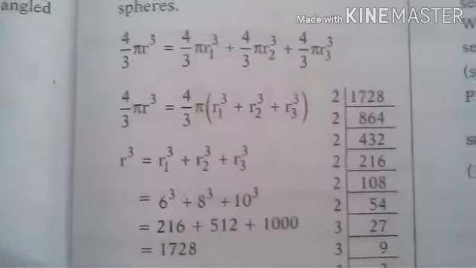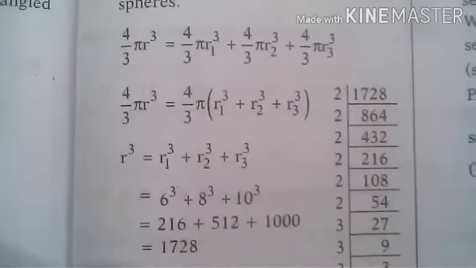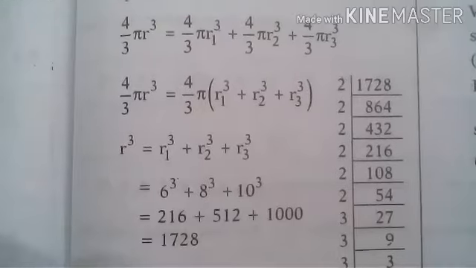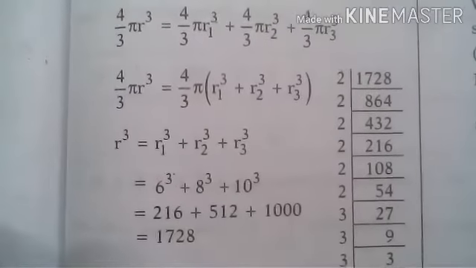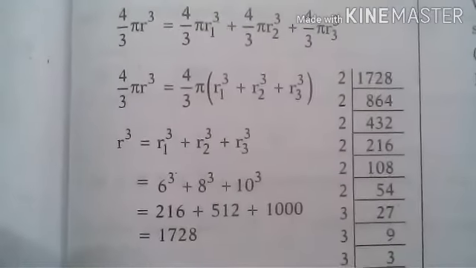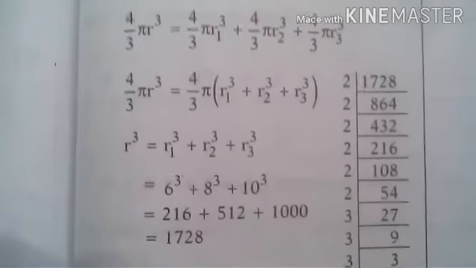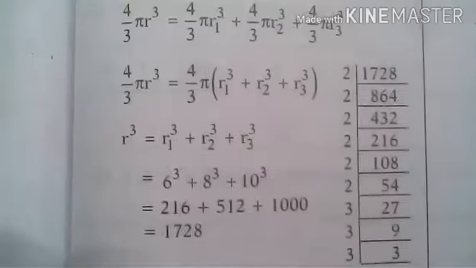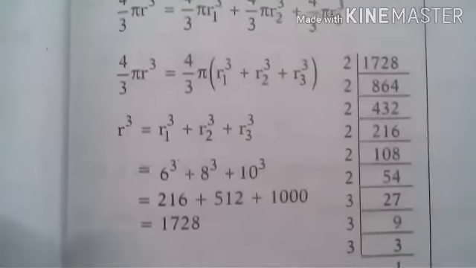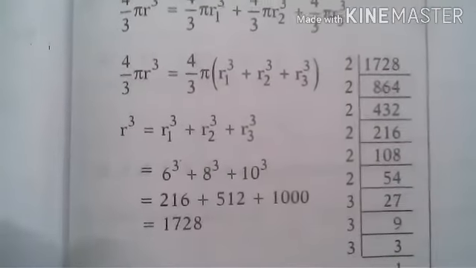So here we'll get the common value as 4 by 3 pi. 4 by 3 pi gets cancelled. We'll get r cube is equal to r1 whole cube plus r2 whole cube plus r3 whole cube.